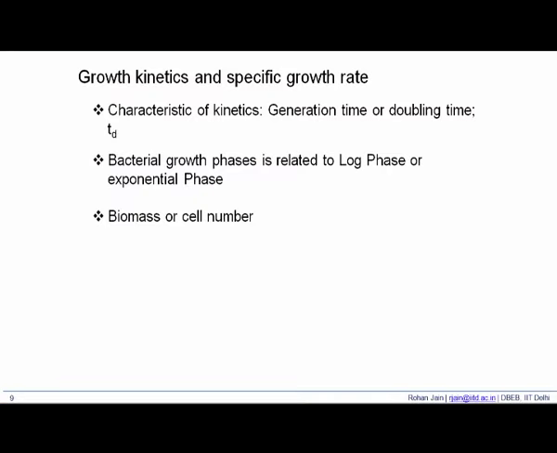So, in growth kinetics and specific growth rate, the characteristic of kinetics can be defined by generation time or doubling time, and this is what I explained in this lecture before. I will quickly explain it again.